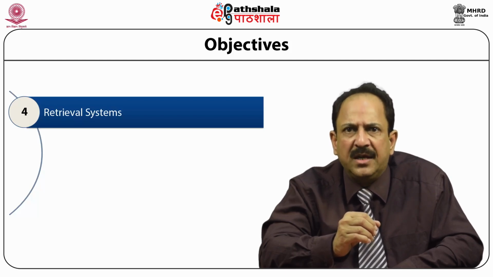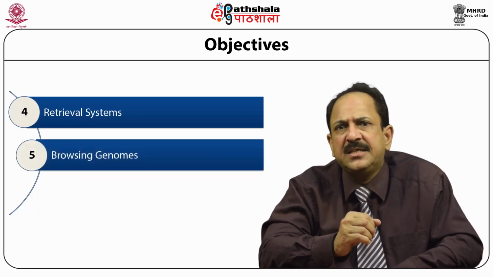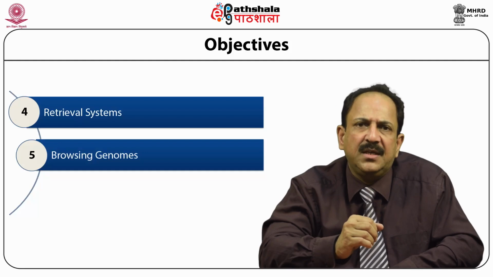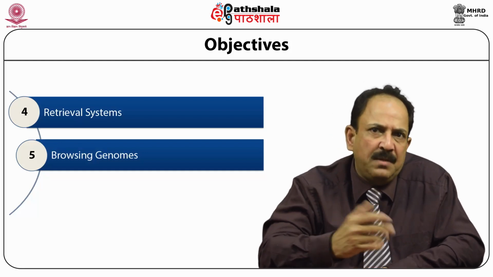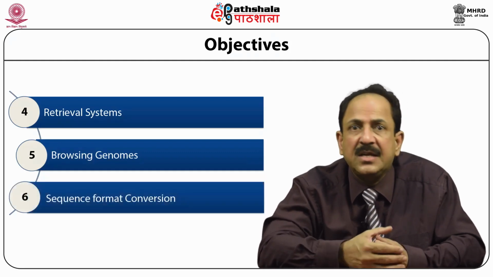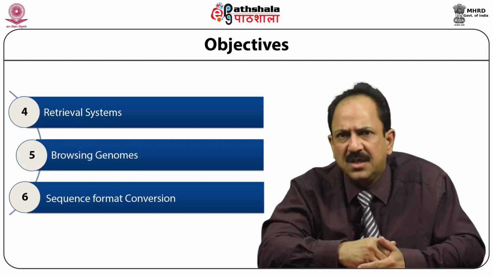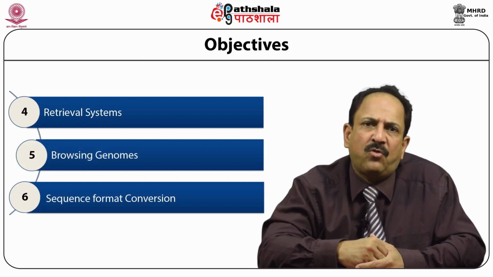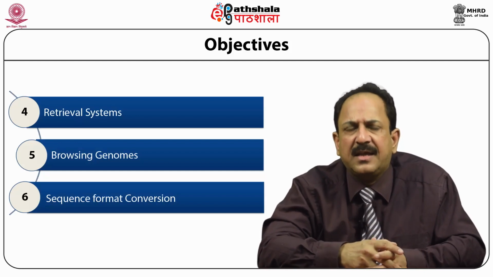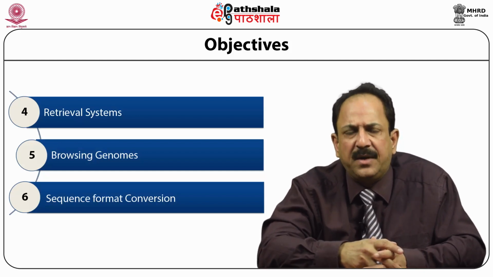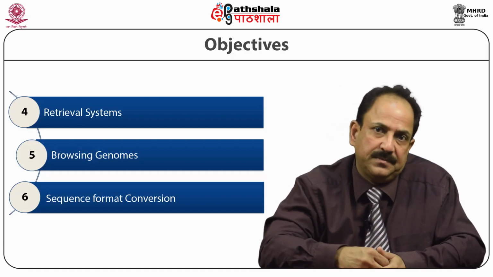Students will also learn browsing the genomes for understanding the gene arrangement on chromosomes in individual organisms. Finally, you will be converting one sequence format into another using online sequence programs so that the sequence format recognized by a specific software can be obtained by just converting from one sequence format to another.